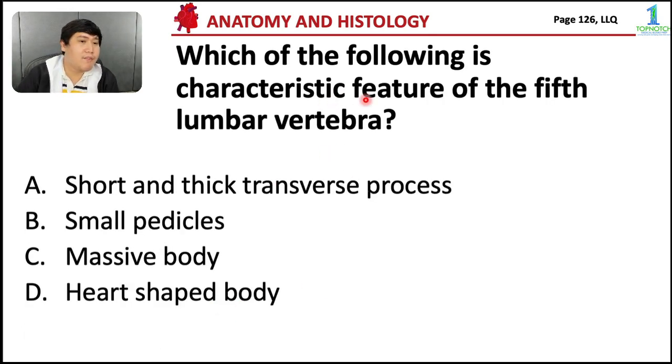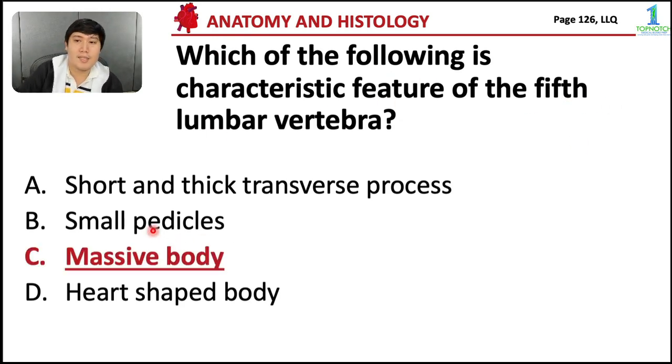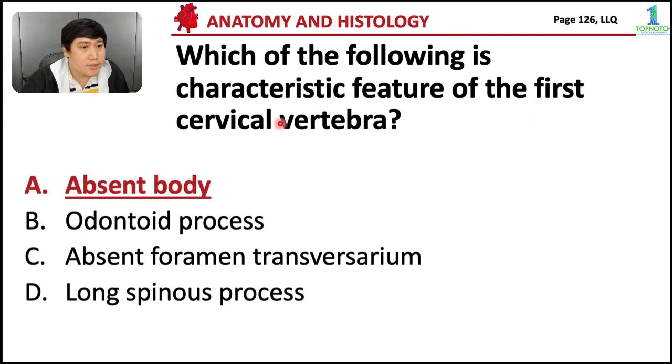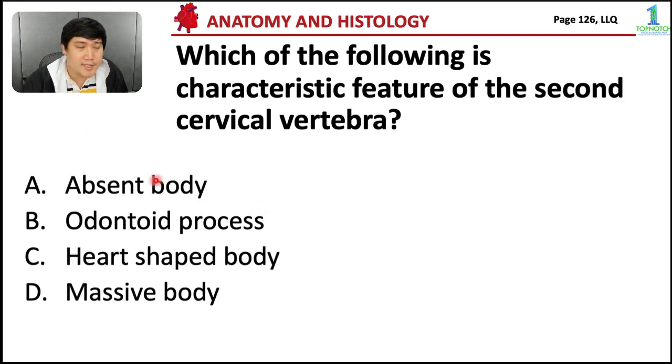Next, which of the following is a characteristic feature of the fifth lumbar vertebra? A typical lumbar vertebra has a massive body. Next, which of the following is a characteristic feature of the first cervical vertebra? Now we're moving on to the atypical ones, no? For C1, your atlas has no body. We'll further discuss later.